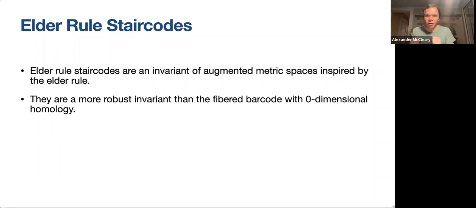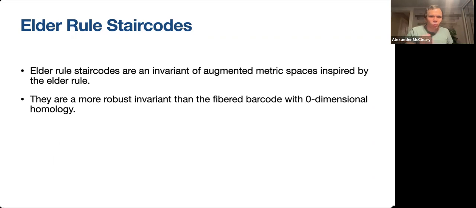I should mention that this invariant, elder rule staircodes, is very specific. It only works if we're working with augmented metric spaces and zero-dimensional homology. Zero-dimensional homology we can think of as clustering. So this is still quite useful, right? It tells us information about clustering for augmented metric spaces.